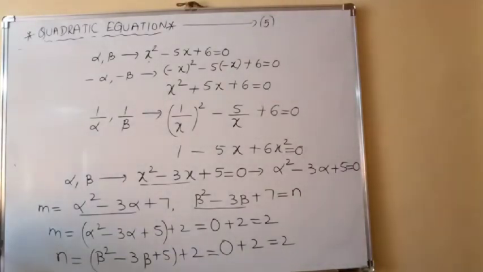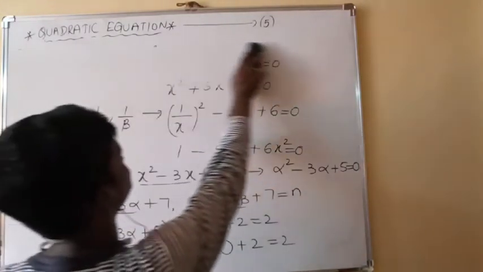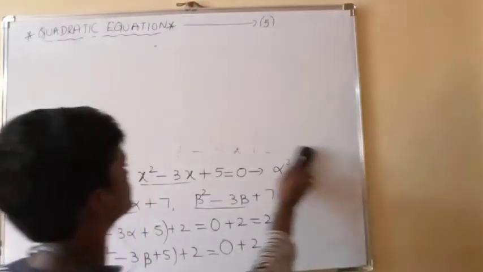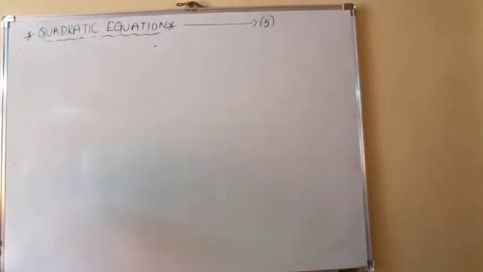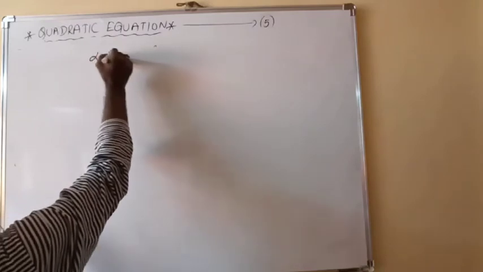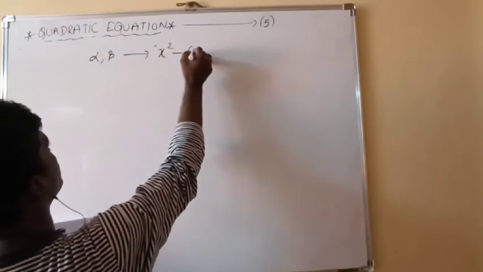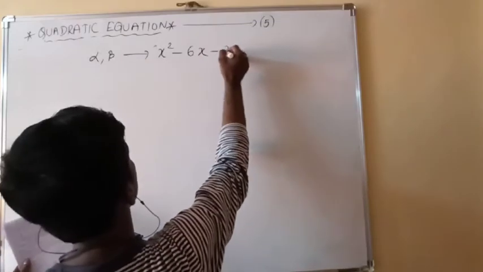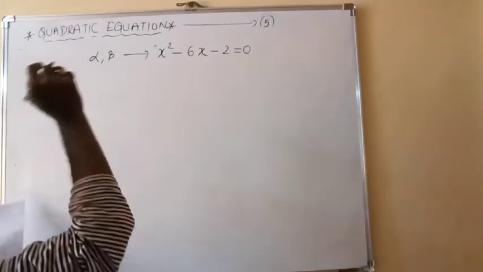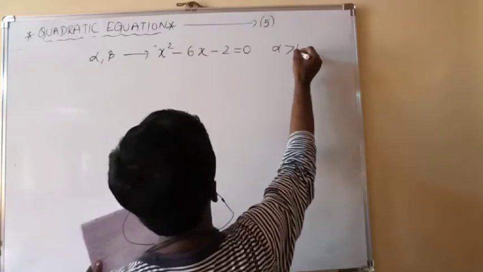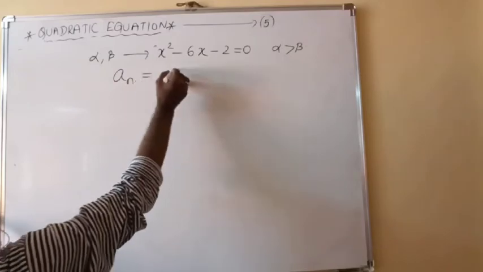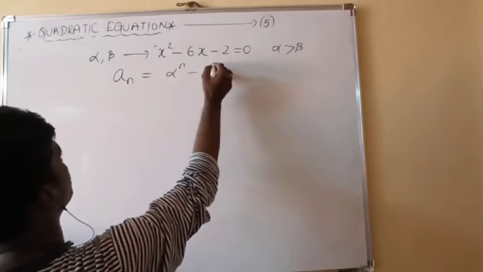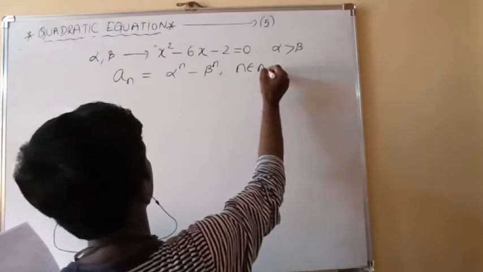Next, this is a previous year mains problem. It was asked 2 times in mains and 1 time in advanced level. Just a tricky problem. Given that alpha and beta are the roots of x square minus 6x minus 2 is equal to 0, where alpha is greater than beta, they have defined an is equal to alpha power n minus beta power n, where n is a natural number.